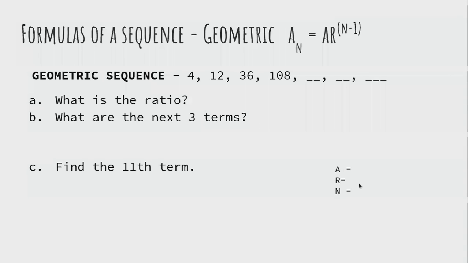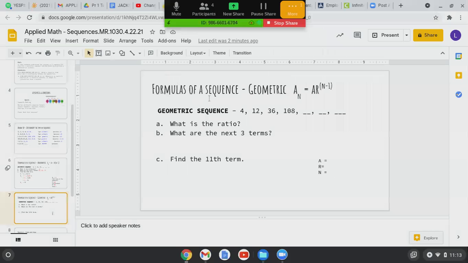And here you see your possible variables. See if you can pick out the variables and find the 11th term. So first, let's talk about the ratio. How is the sequence moving?